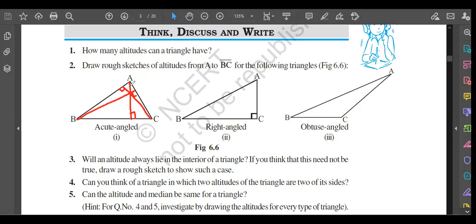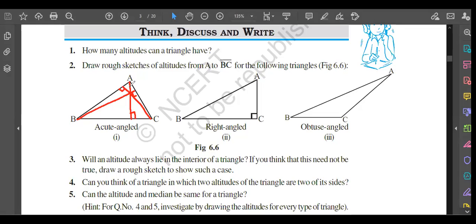Got it? Yes or no? All the three altitudes pass through one point. All three altitudes, all three medians, everything passes through one point.